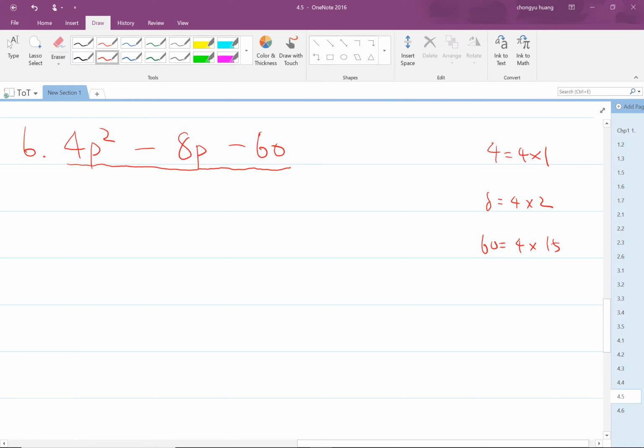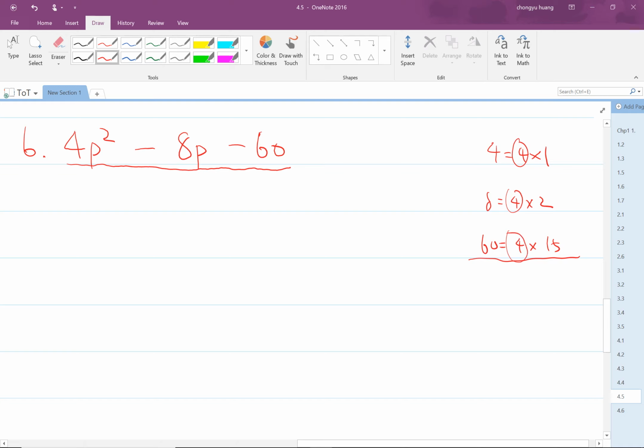Sorry, wait a second. Okay, 60 is equal to 4 multiplied by 15. Now you can see they all have a common factor, which is 4, and it is the greatest.